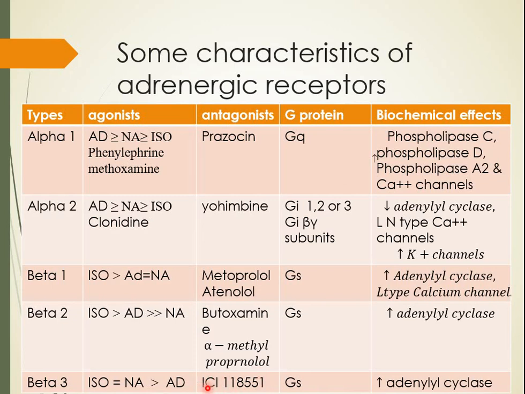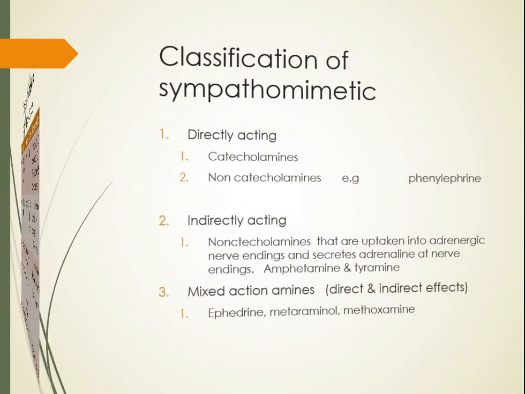So what is important is that different secondary messenger systems are involved, working through the Gq protein, inhibitory protein or stimulatory protein, and thus it produces its pharmacological or physiological response, as we discussed in the case of beta 1 receptors in the previous slides. I hope now you understand that. Thank you.